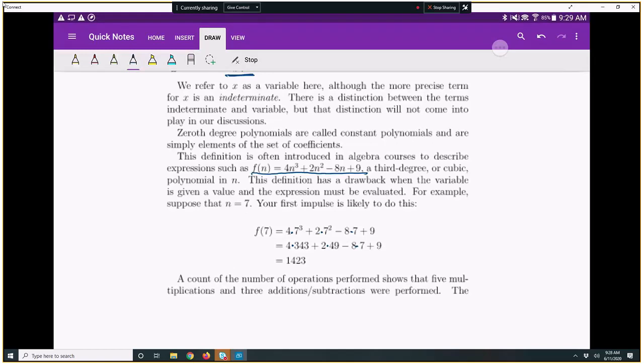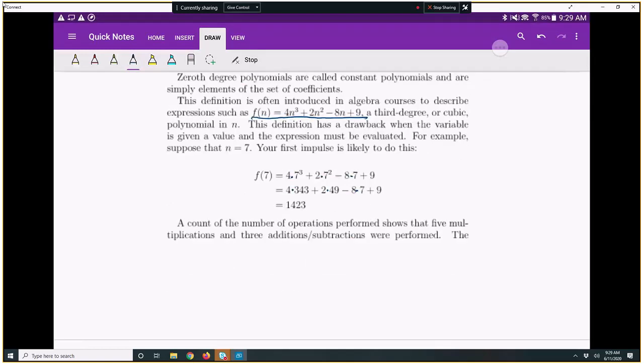And eventually we find that f of 7 is 1,423. So if we're keeping track of how many operations we had to perform, we had to do 5 multiplications and 3 additions or subtractions.